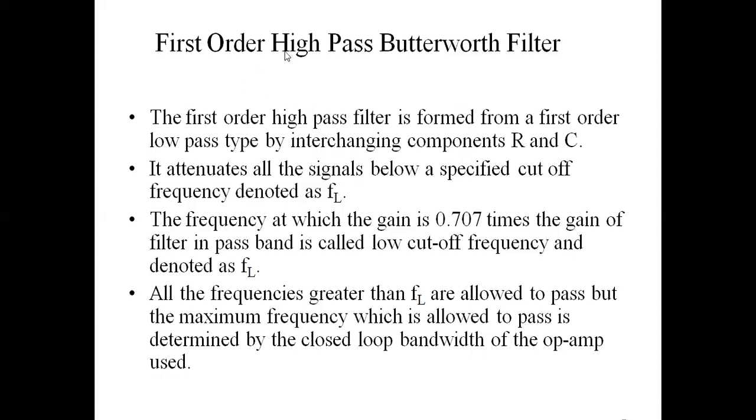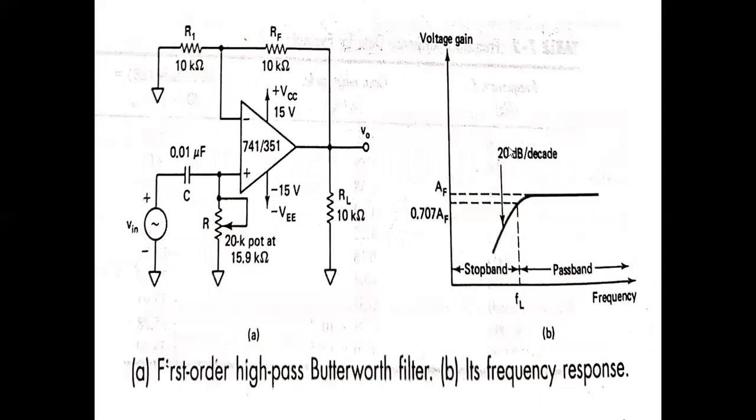Usually the first order high pass filter is formed from a first order low pass type by interchanging the components R and C. Just look at the components: in the first order low pass filter, the component R is here and the component C is here.